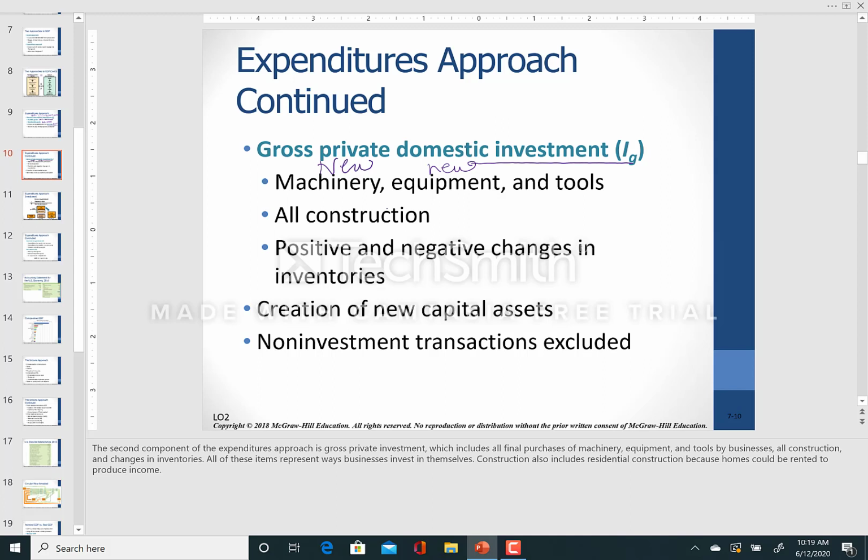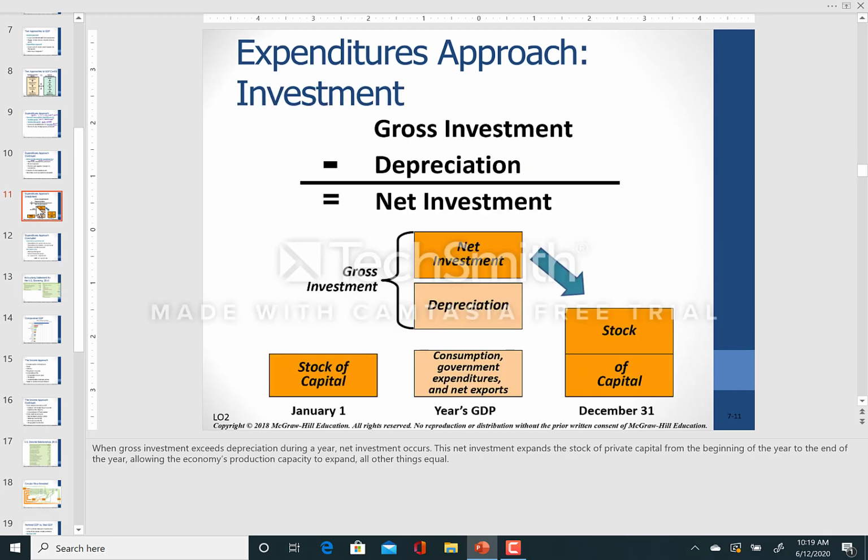Let me explain what net investment is. Gross investment is included in the GDP approach, not net investment. Okay, an example of gross investment is you buying a new car for $20,000. You are buying it in 2020.